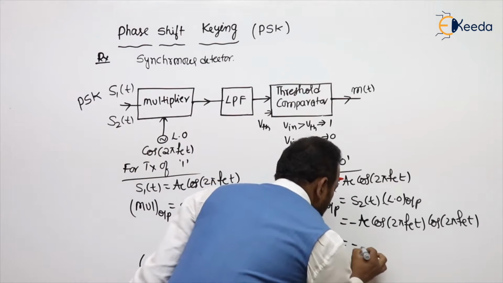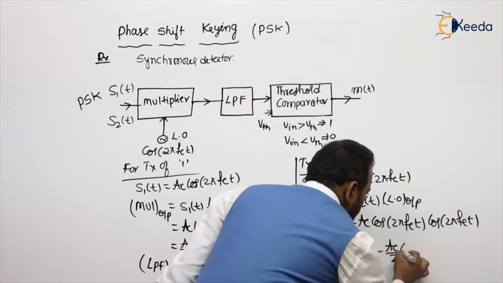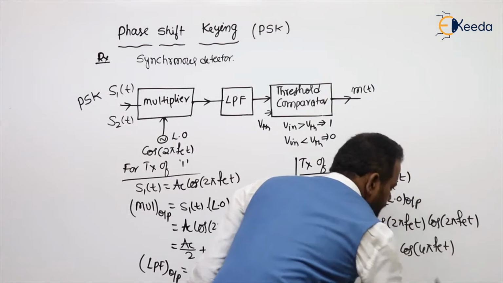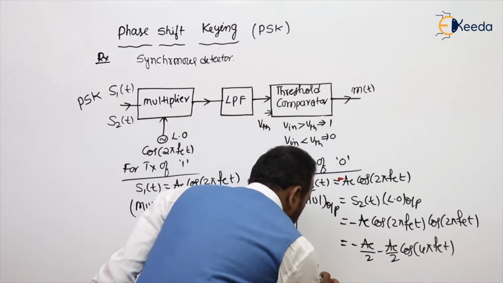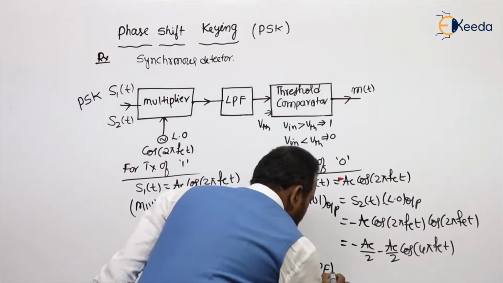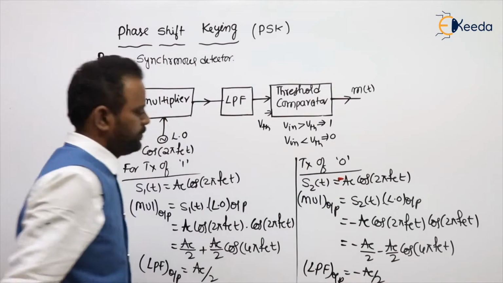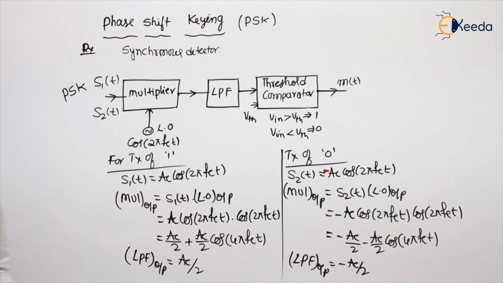So I can say minus AC by 2 minus AC by 2 into cos 4 pi FCT. Then what is the LPF output in this situation? The LPF output is nothing but minus AC by 2. First case plus AC by 2, second case minus AC by 2.